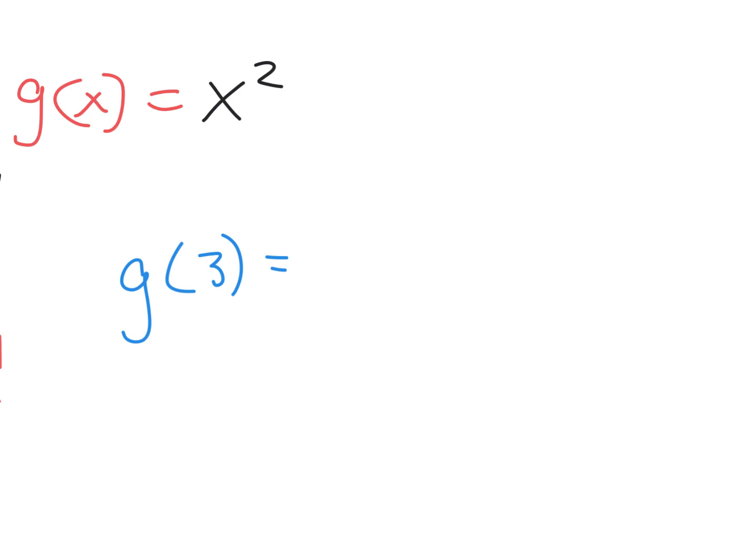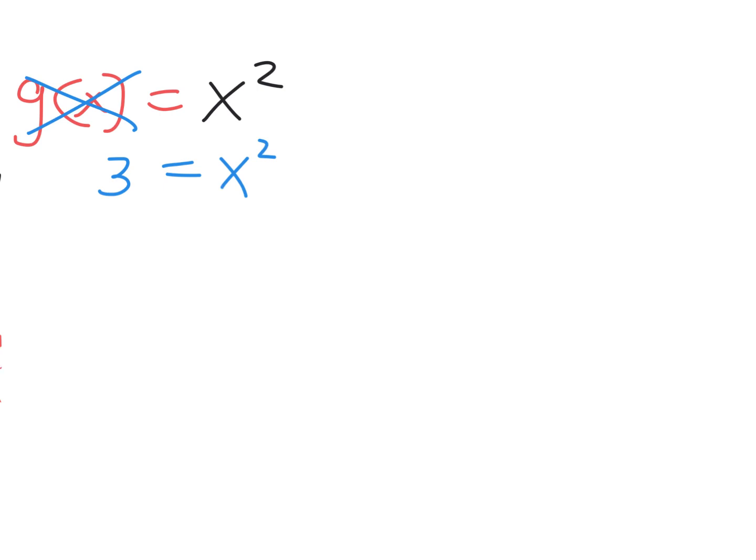G of x is 3. Then this part is 3. I stick the 3 not in the x, I stick it in the y. This part is the y part of the equation.